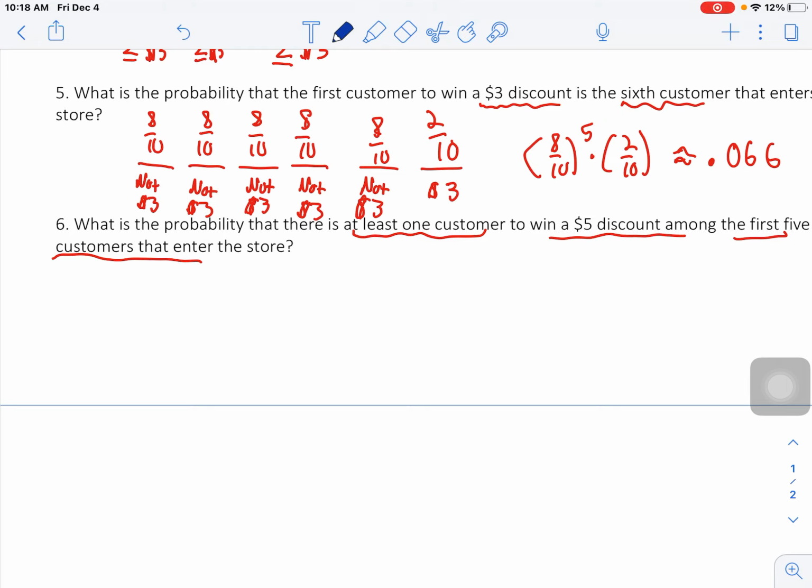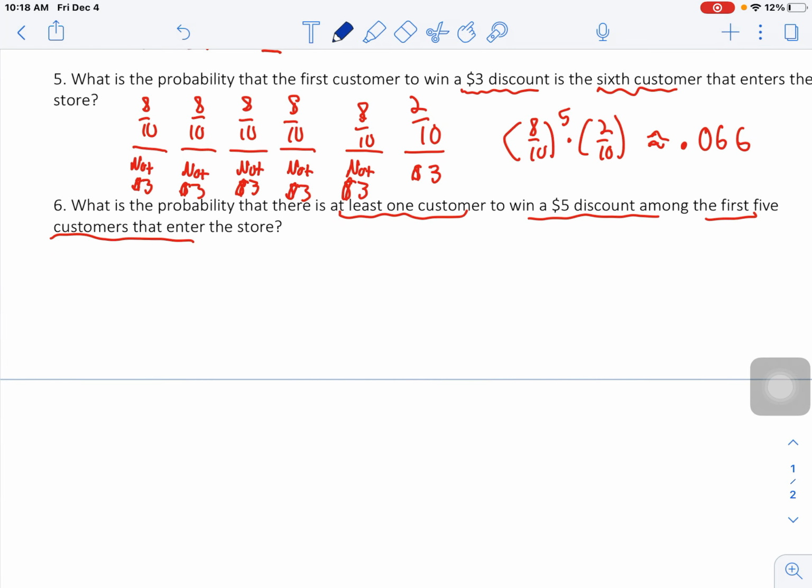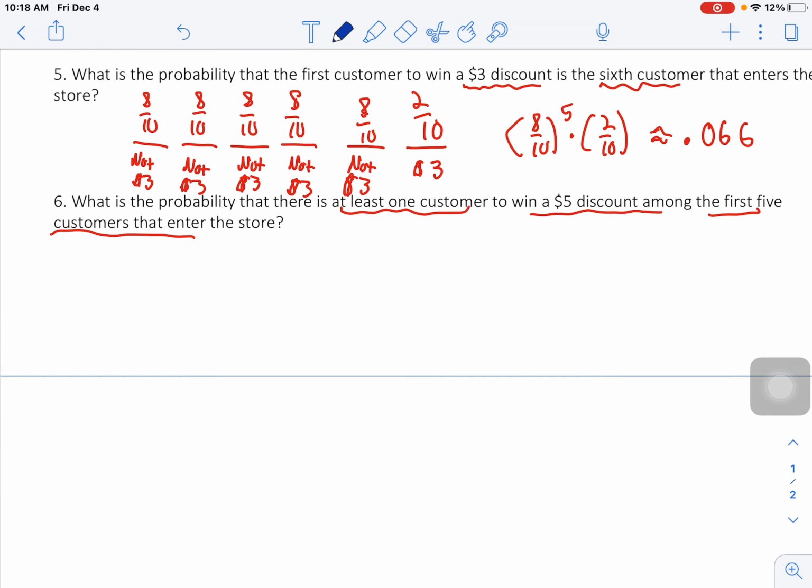And the way I like to do this is I like to write out the different possibilities that we're talking about here. So we're looking at 5 customers, and we're trying to see, of those 5 customers, who won a $5 discount?